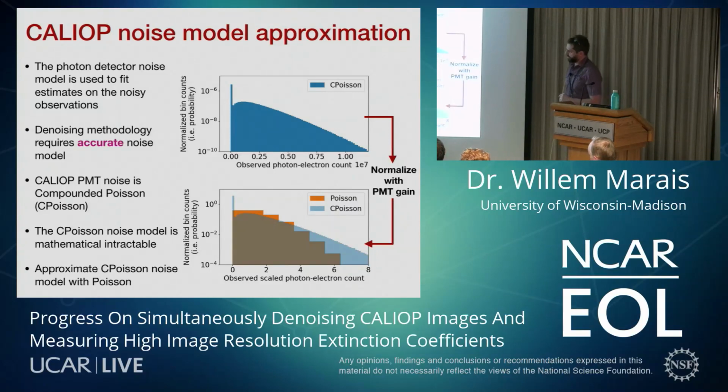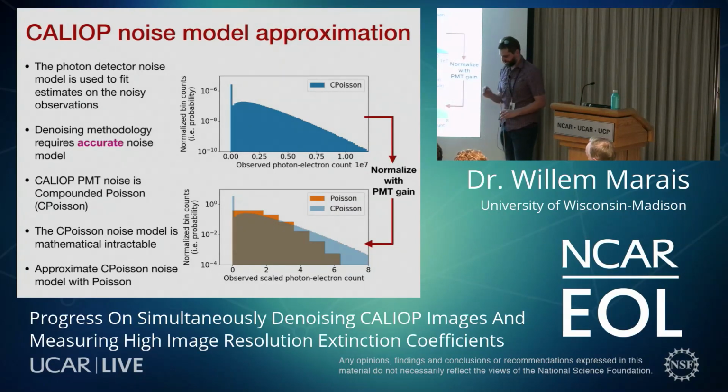Let me explain a little bit about the noise that CALIOP deals with. How CALIOP measures the energy that's scattered back towards the instrument is that they don't count the photons detected by the PMT. They measure the current output, literally the current output of the PMT. And the noise model that describes that current output, if you measure it continuously, is compounded Poisson.